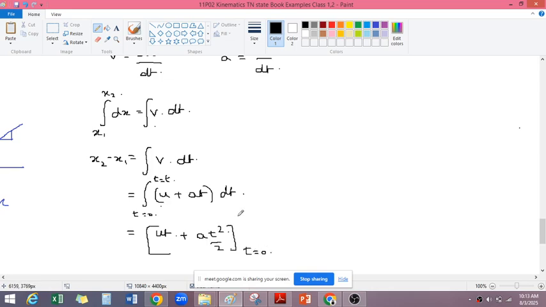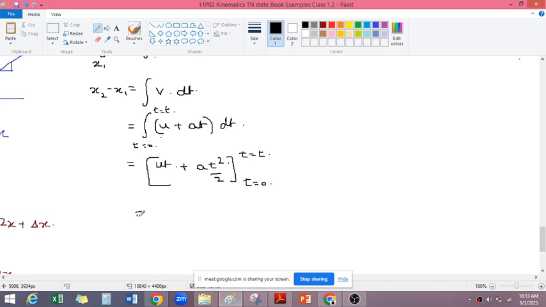So if I substitute the lower limit t is equal to 0 and upper limit t is equal to t, I will get ut plus half at square. The lower limit will become 0, so we don't have to worry about it. So that's your x2 minus x1.